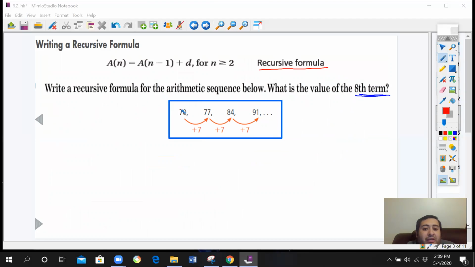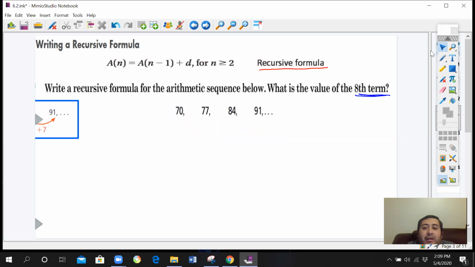So therefore, this value, the value of 70, is going to be your A1. This value is your A2. This value is your A3, and so forth. So just keep that in mind. If we label this A1, it gives us 70.